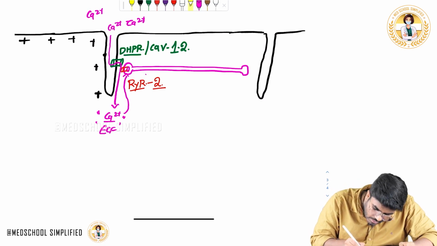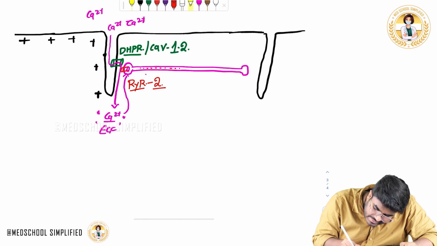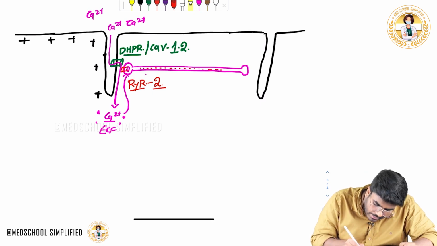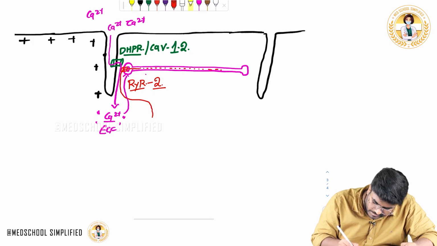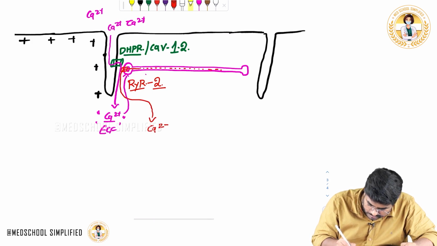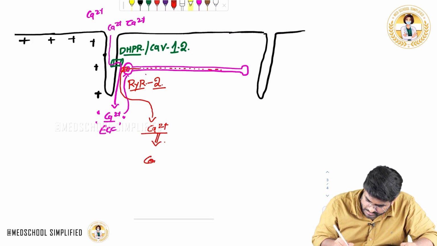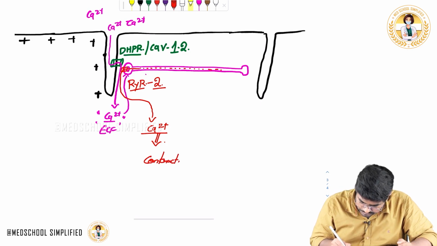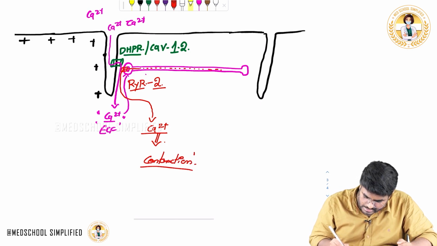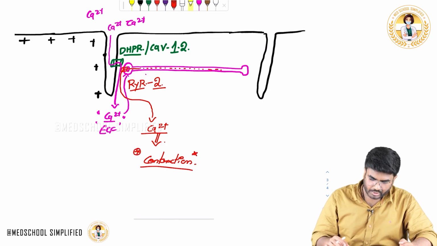So when the RYR channels are opened, do you know what happens? The calcium that is inside the sarcoendoplasmic reticulum will come out. So what will this calcium do? This calcium will cause contraction of the myocyte, the heart muscle. Now tell me, what is the difference between skeletal muscle and myocardium?